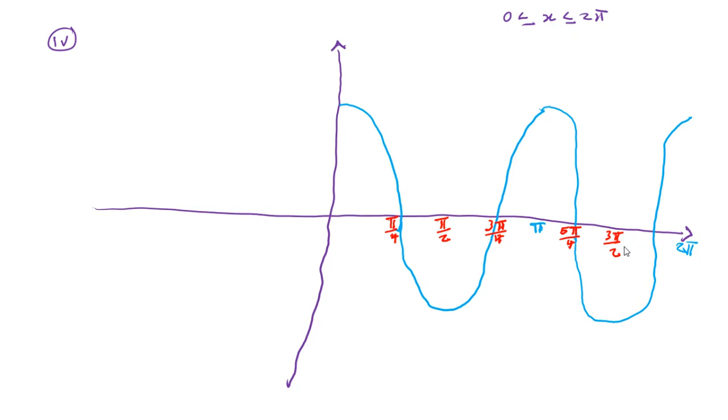Then if you add pi over 4 to this one, it's going to give you 7 pi over 4. So this one will be 7 pi over 4. And then lastly, this will be your 0.